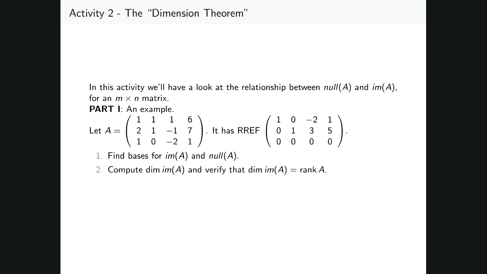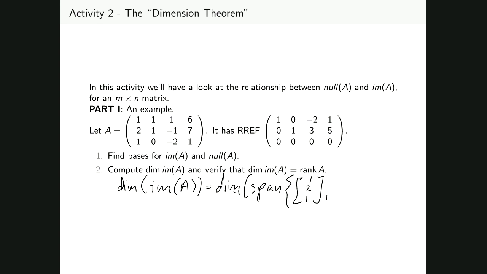Okay, so we'll calculate out the dimension of the image. So the dimension of the image of A is the dimension of the span like this.